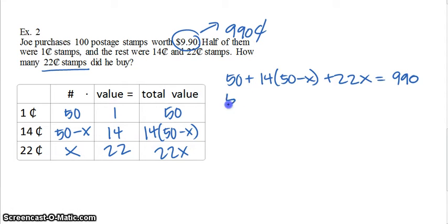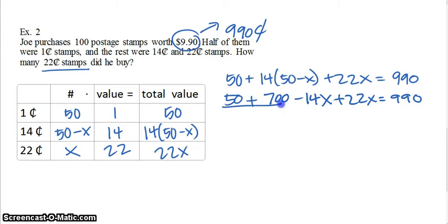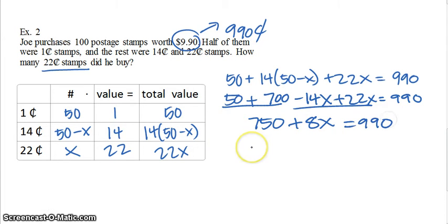So now I'm going to solve. 50 plus, and 14 times 50 is 700, minus 14X plus 22X equals 990. I'm going to do a couple of combining. So I'm going to get 750 plus 8X equals 990. Subtract 750 from both sides, which will give me 8X equals 240.